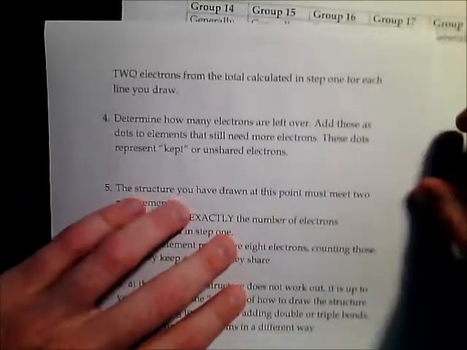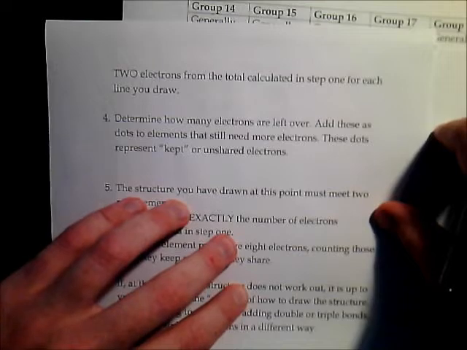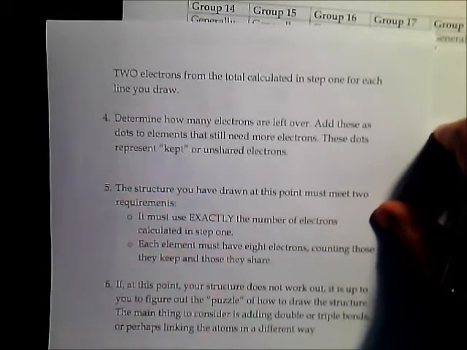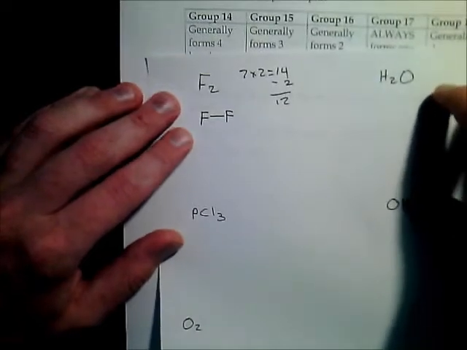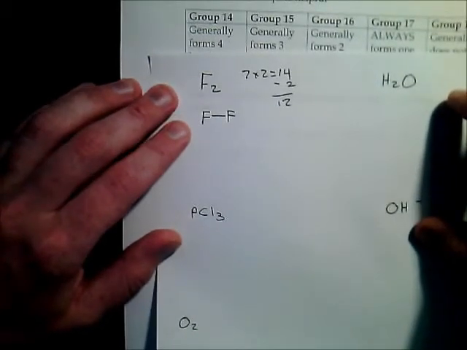So we're on step 4. It says determine how many electrons are left over. Add these as dots to elements that still need more electrons. These dots represent kept or unshared electrons. What I mean by that is, remember, these fluorines are trying to get 8 electrons in their outer shell.